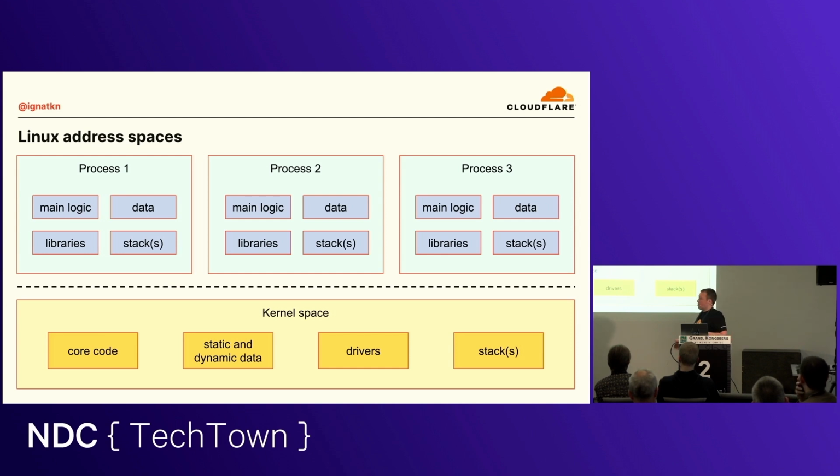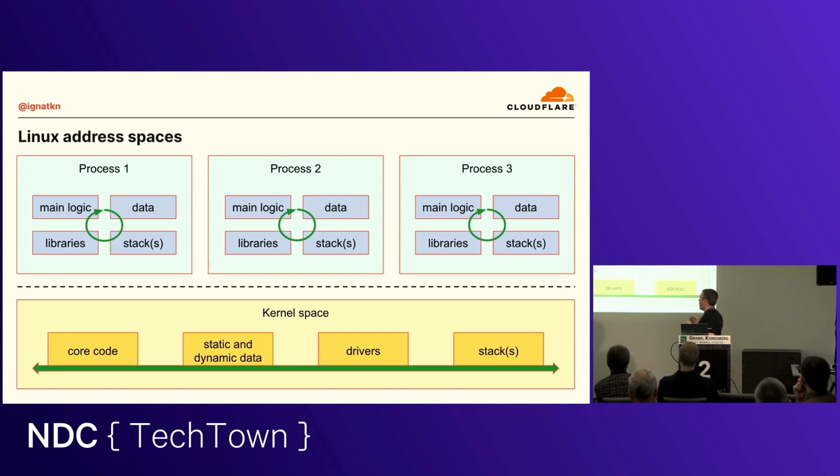The concept around the operating system address space is that within a specific address space, anything can access anything. You can reference any address in your application, and the same thing happens in the kernel.